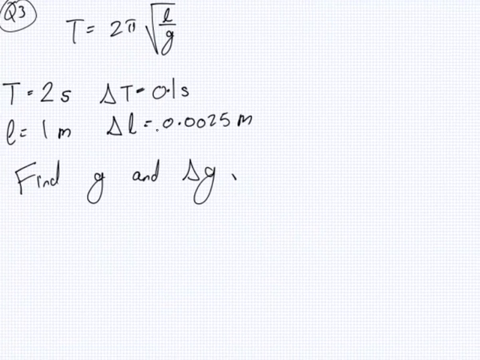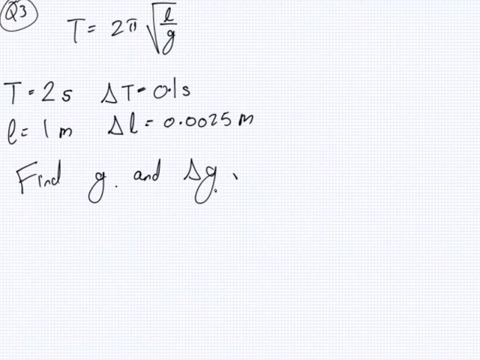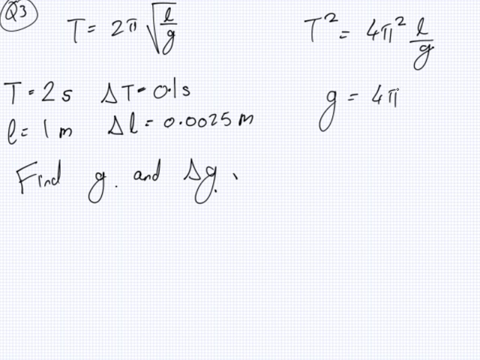Okay, so we are looking for G and delta G. So let's rearrange this. T squared equals 4 pi squared L over G, correct? So that means G equals 4 pi squared L over T squared. So that means G equals 4 pi squared L T to the minus 2.